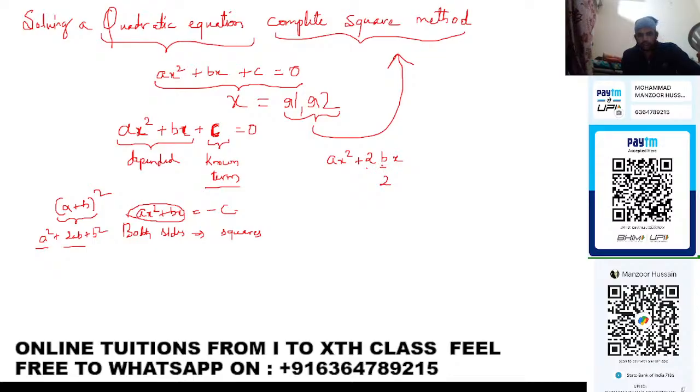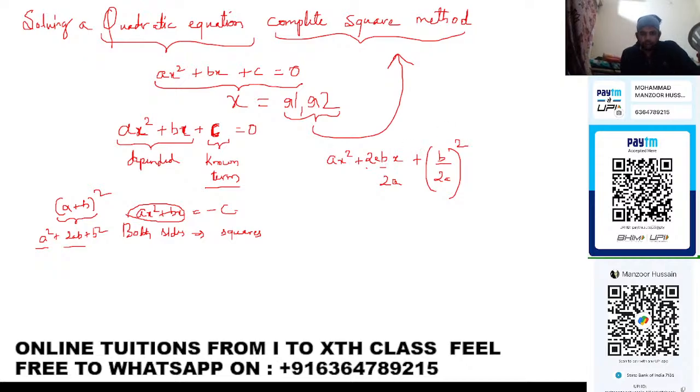The value of the third term which I want to get, by using 2a by 2a, becomes b by 2a whole square.